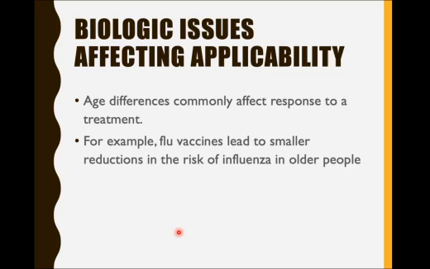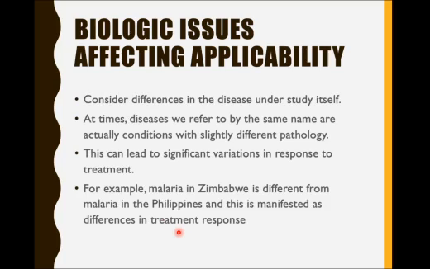Age differences commonly affect response to treatment as well. For example, flu vaccines lead to smaller reduction in the risk of influenza in older people. And then consider differences in the disease under study itself. At times diseases we refer to by the same name are actually conditions with slightly different pathology, and this can lead to significant variations in response to treatment.